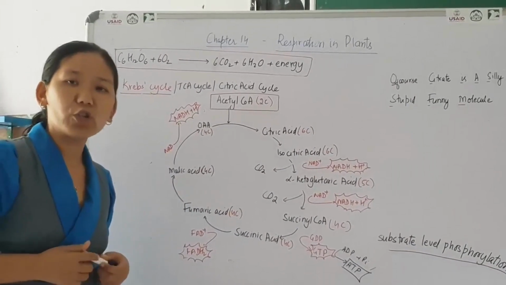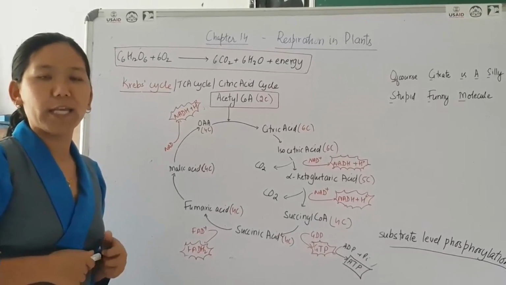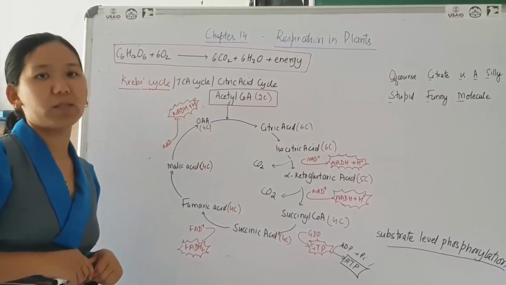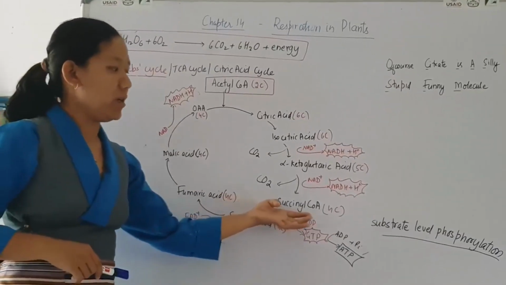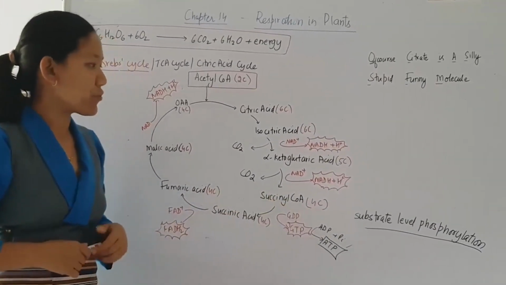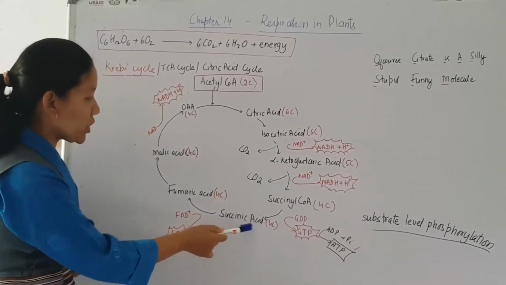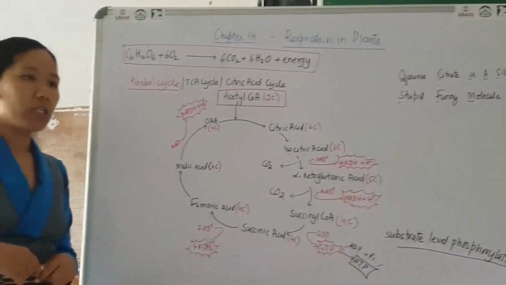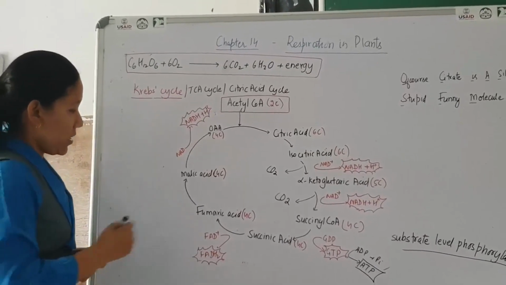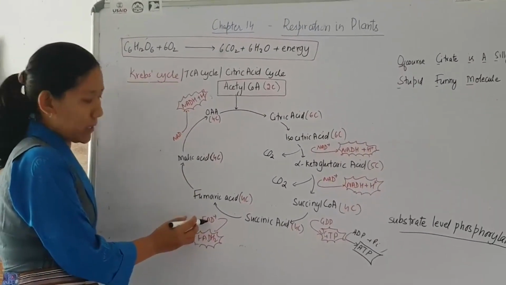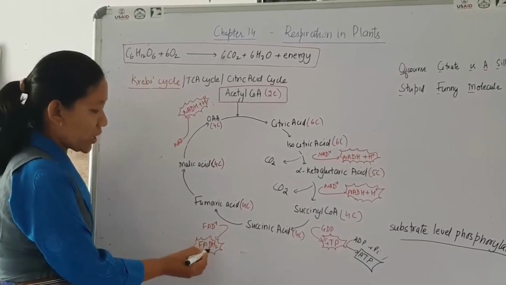Earlier in the photosynthesis chapter, we talked about photophosphorylation, where the ATP synthesis takes place in the presence of sunlight. And here, ATP synthesis takes place at the substrate level. So, substrate level phosphorylation. Well, now this succinic acid, which is a 4-carbon compound, converts into fumaric acid. Again in the process, there is a reduction of FAD+ into FADH2.